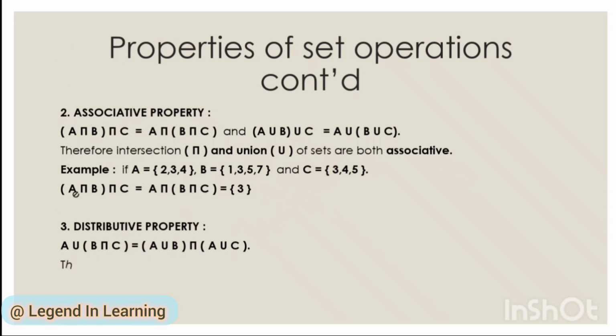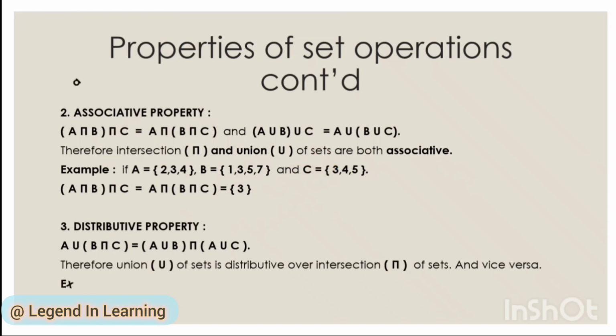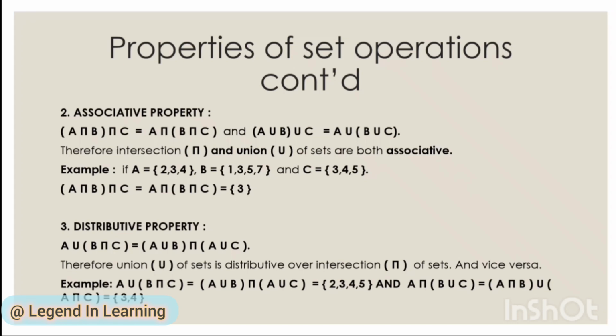Let's look at our distributive property. The distributive property also works the same way, but in this case there is a slight difference. In the associative, we have the sign, that is the intersection, to be the same inside and outside the bracket.